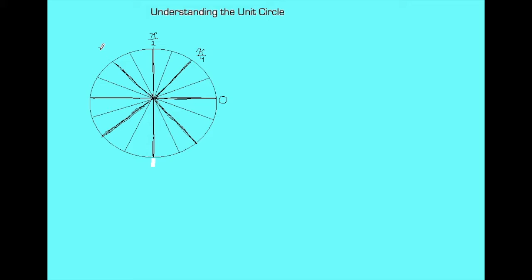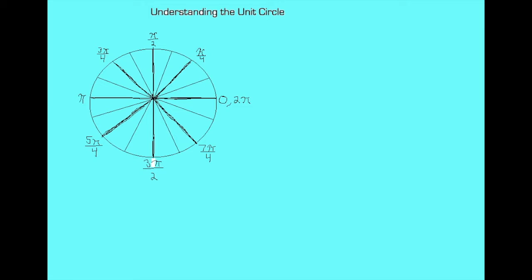This line's angle is 3 pi over 4, and this one is 4 pi over 4, which is reduced to pi. This angle is 5 pi over 4. This angle is 6 pi over 4, which is reduced to 3 pi over 2. And this angle is 7 pi over 4. Then the last line, which we wrote as 0, is also known as 8 pi over 4, which can be reduced even further to 2 pi.